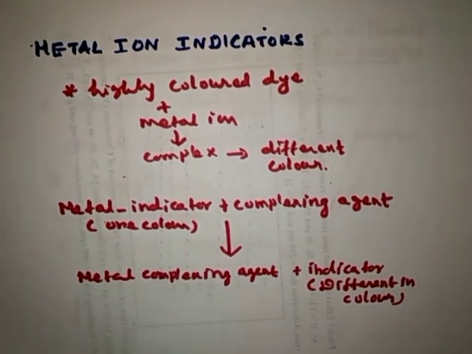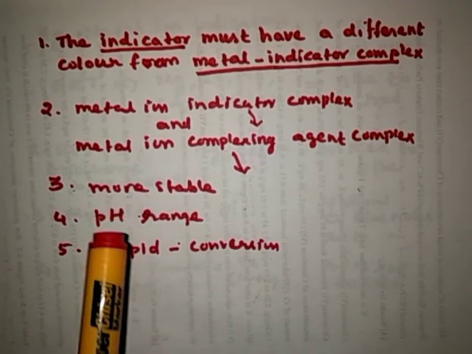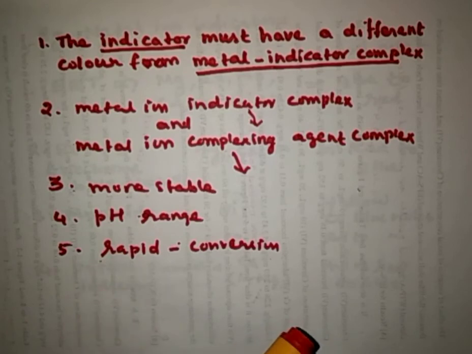While using a metal ion indicator, we need to follow some conditions. The indicator must have a different color from the metal-indicator complex, only then can we distinguish it.